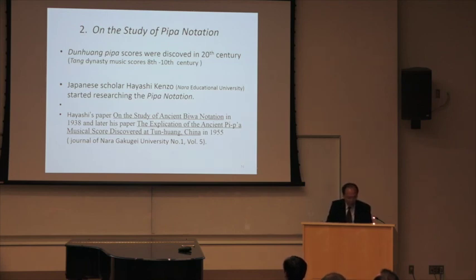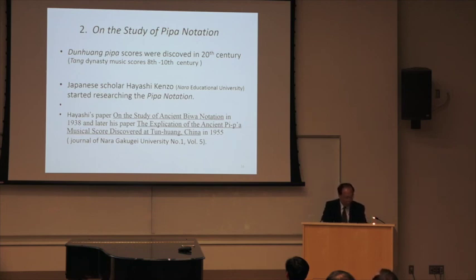Hayashi Kenzo published his paper on the study of the ancient biwa notation in 1938. Later, he published an article on the explication of the ancient music scores of the pipa discovered at Dunhuang, China, in 1955, in the Journal of the Nara Gakuen University, No. 1, Volume 5.